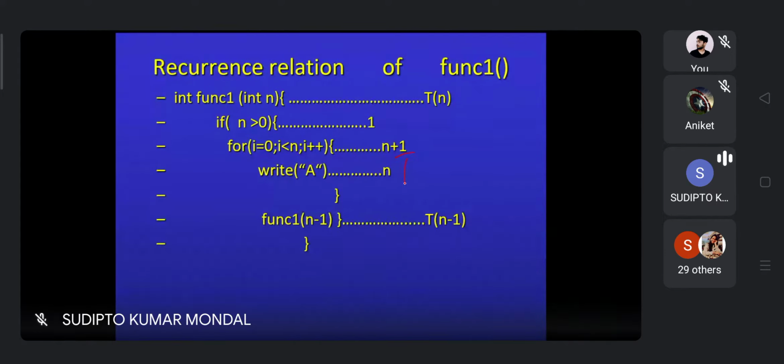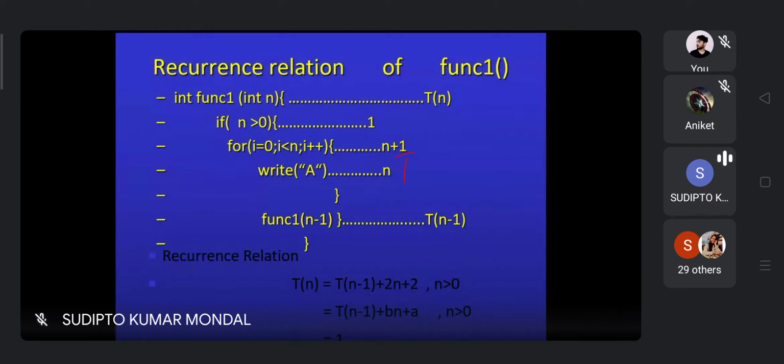So if we sum these individual steps, we can frame the recurrence relation like this: T(n) = T(n-1) + 2n + 2, when n is greater than 0. We have written T(n-1) + Bn + A because at any moment we can replace the constants using variables, so B and A are constants instead of 2. And once the condition n greater than 0 fails, the function will be terminated and will no longer call itself again and again.